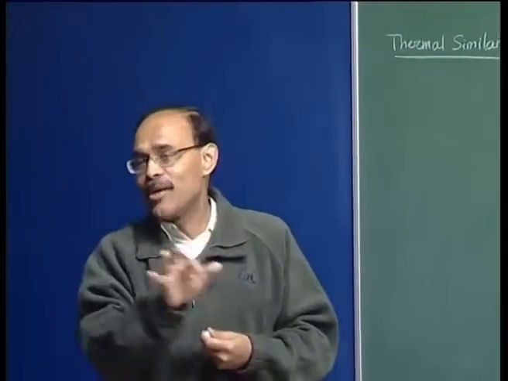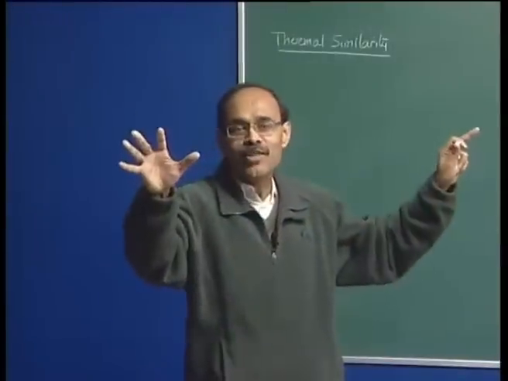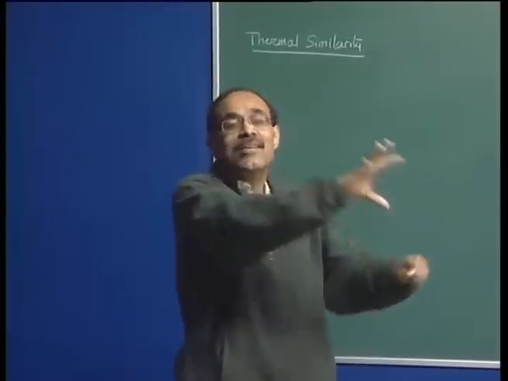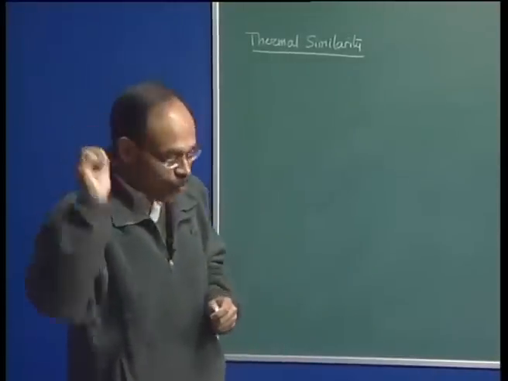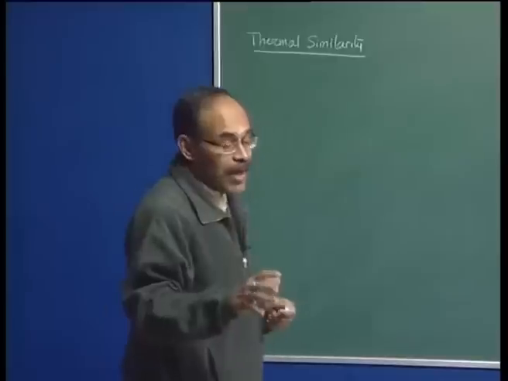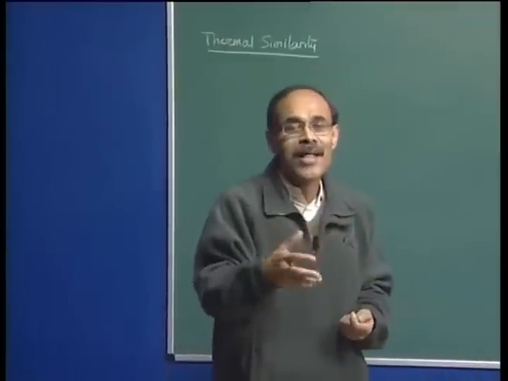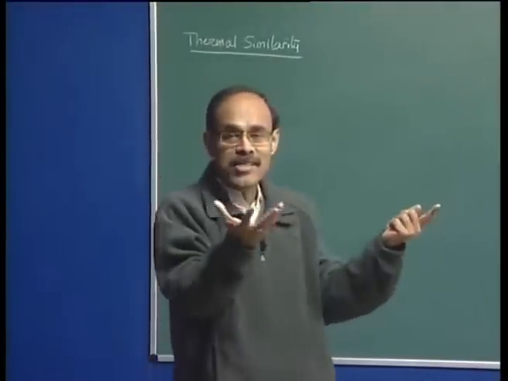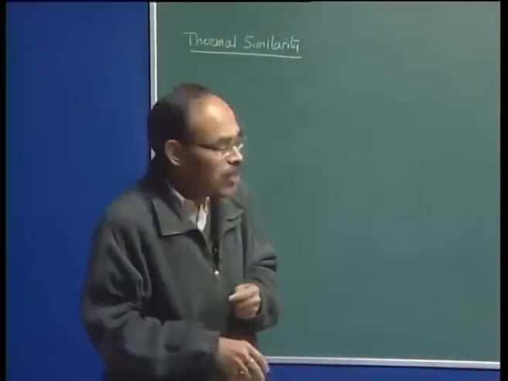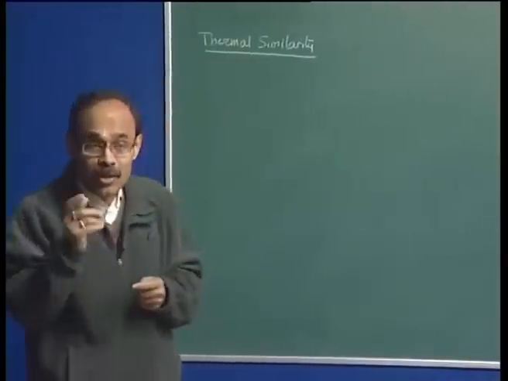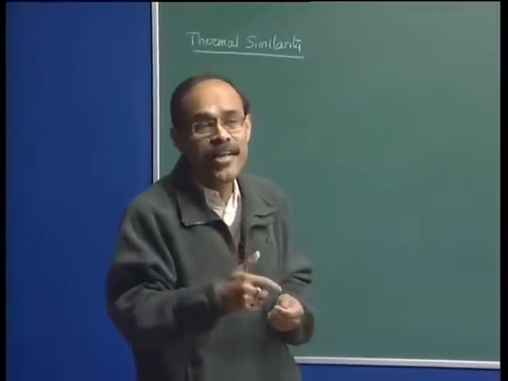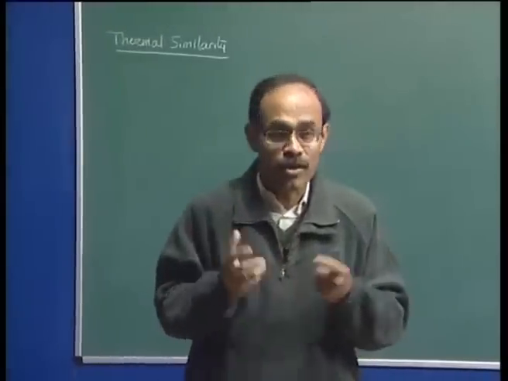So, once I say geometric similarity is there between the model and the full scale, I can visualize that for every point in the full scale system there is a corresponding point in the model. And we have also talked about kinematic similarity or similarity of time scales, and I have shown that the similarity of time scales corresponds in proportion to lambda raised to the power half, particularly in those systems where flows are Froude dominated, or the inertial and the gravitational forces control the flow.